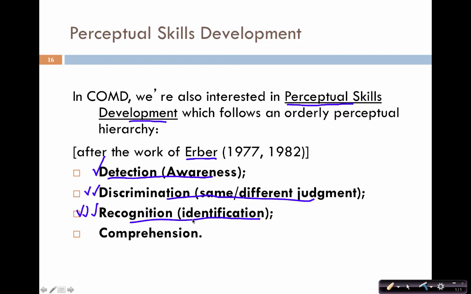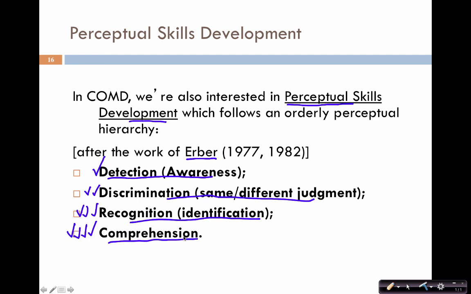So to be able to know that a sound was a dog barking, versus another sound which was somebody coming through a door, a doorbell or whatever it may be.